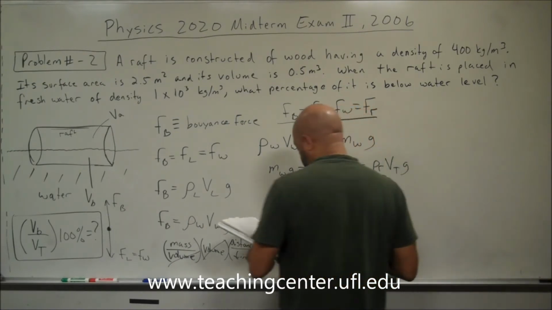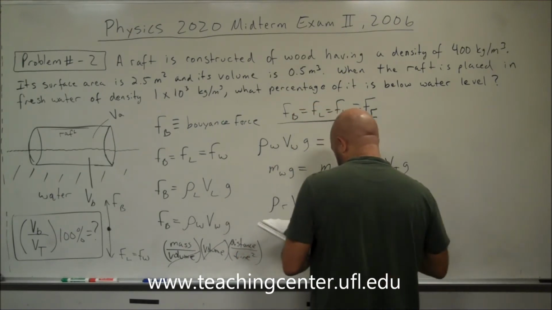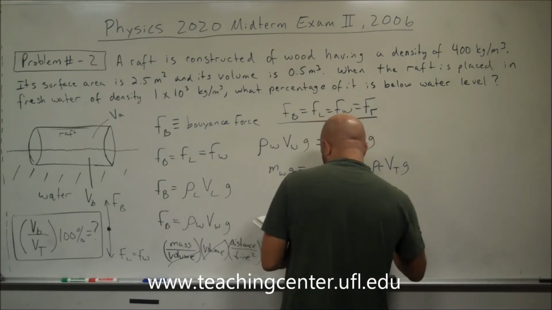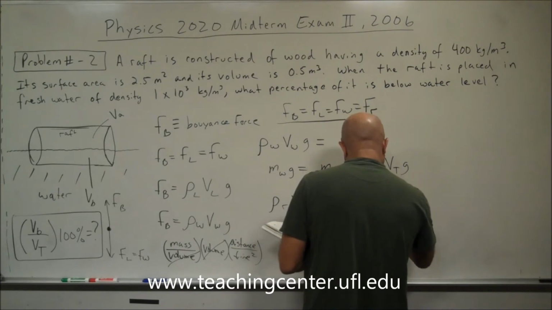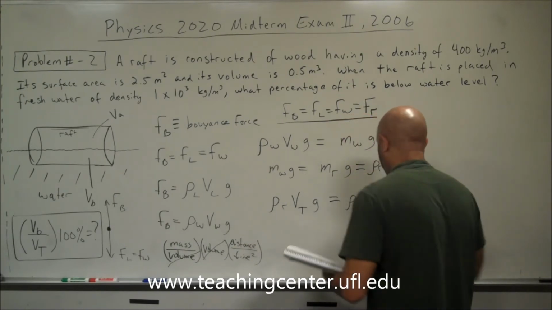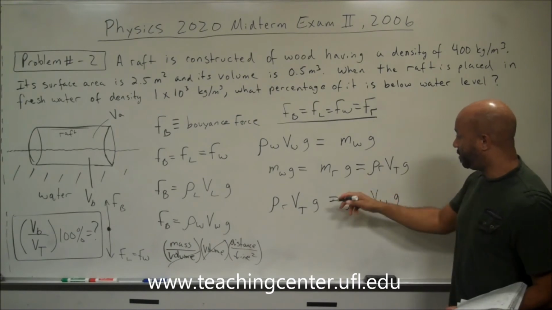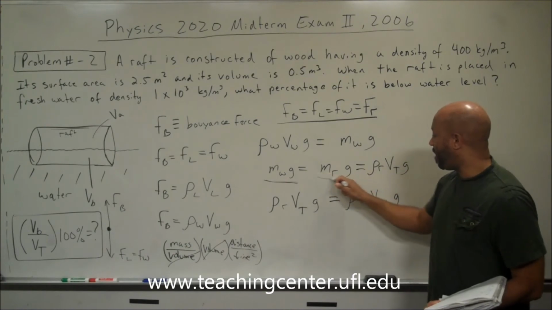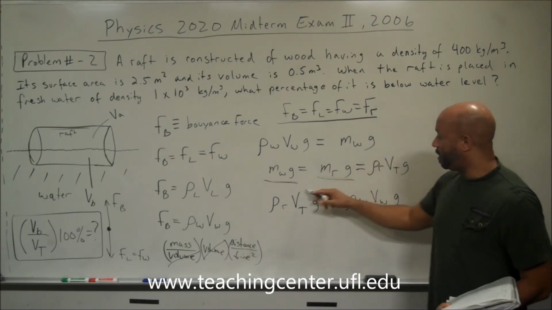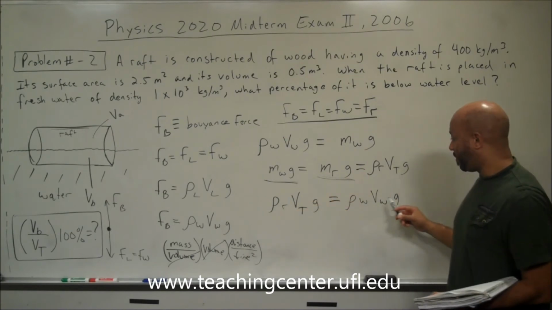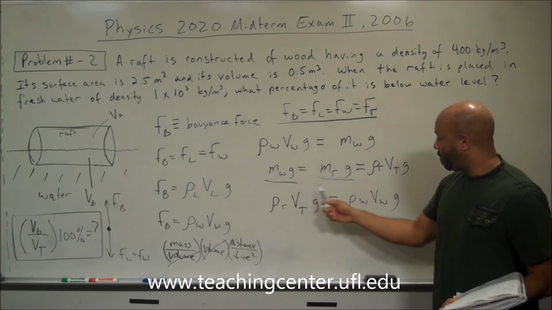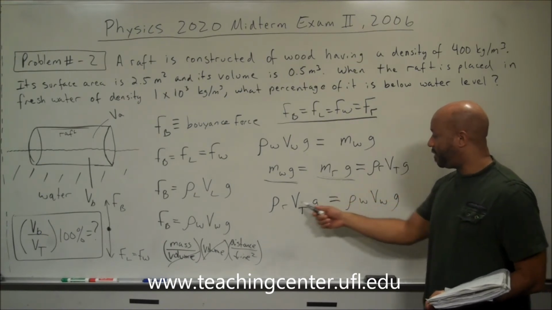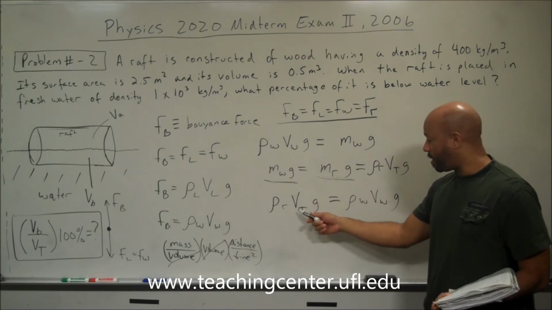We know that that's equal to... okay, so basically what I'm doing is I'm taking this expression, the weight of the water displaced, and the weight of the raft, and I'm just substituting in using our densities. All right, so basically the weight of the water is density times volume times gravity. The weight of the raft is density times volume of the total raft times gravity.